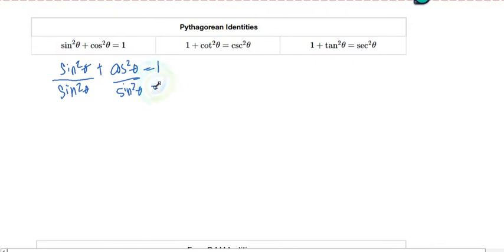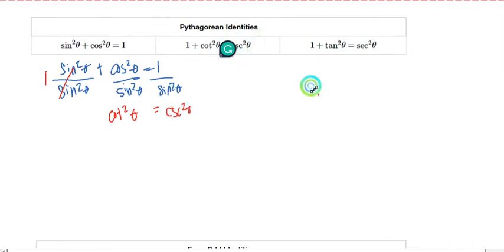Sine squared theta divided by sine squared theta is equal to 1. Cosine over sine is cotangent, so this is cotangent squared theta. And 1 over sine is cosecant, so this is cosecant squared theta.